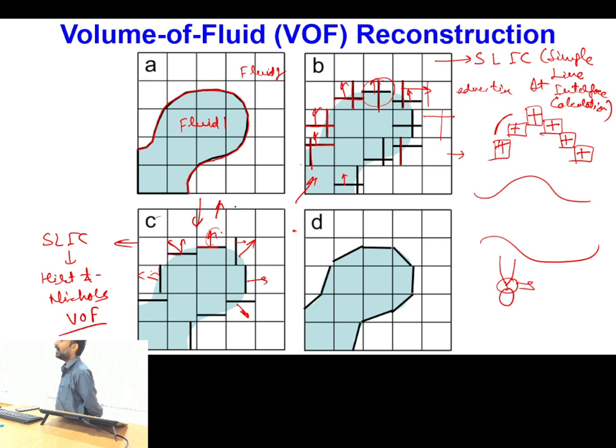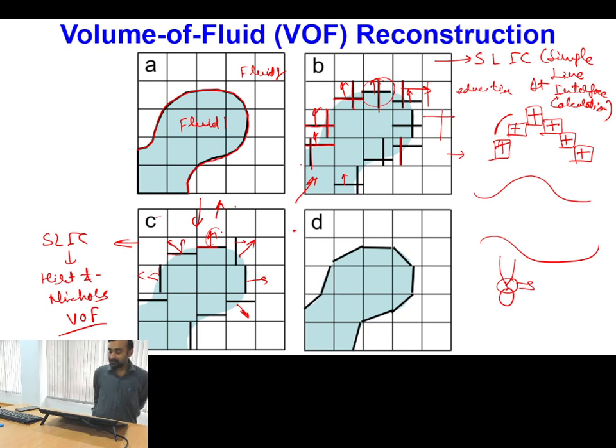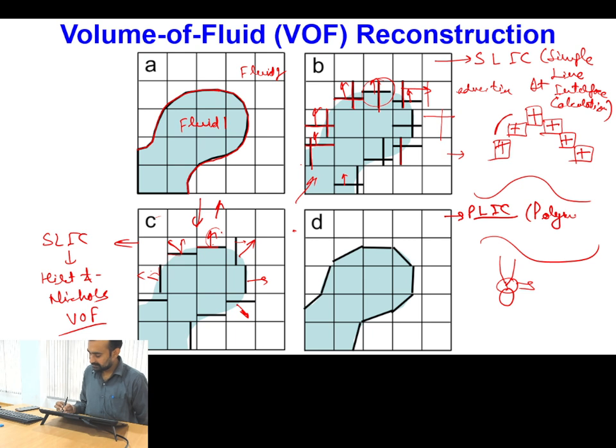It was giving a large number of false pinch-offs and unphysical behaviors during the breaking and formation of the interfaces. So then the next scheme was developed, which is called PLIC. What is PLIC? Piecewise linear interface calculation.